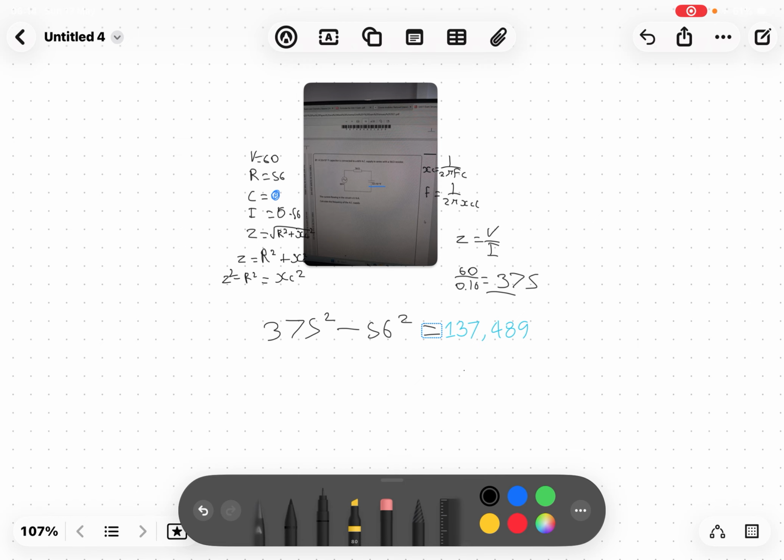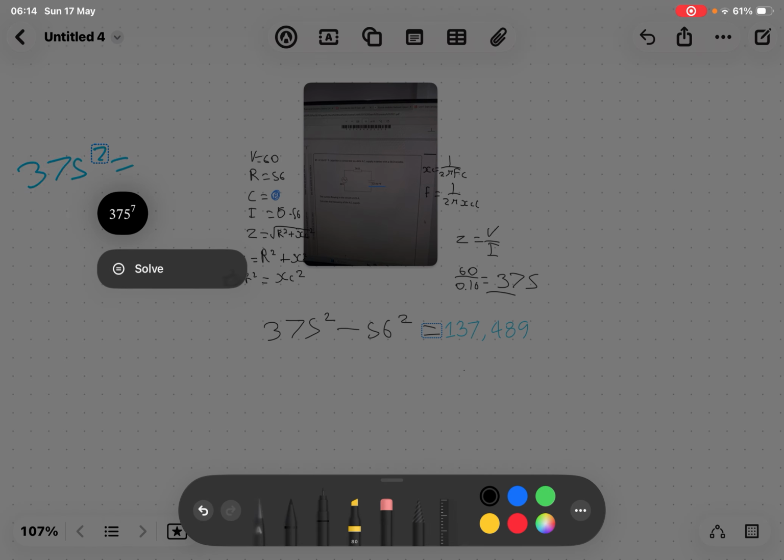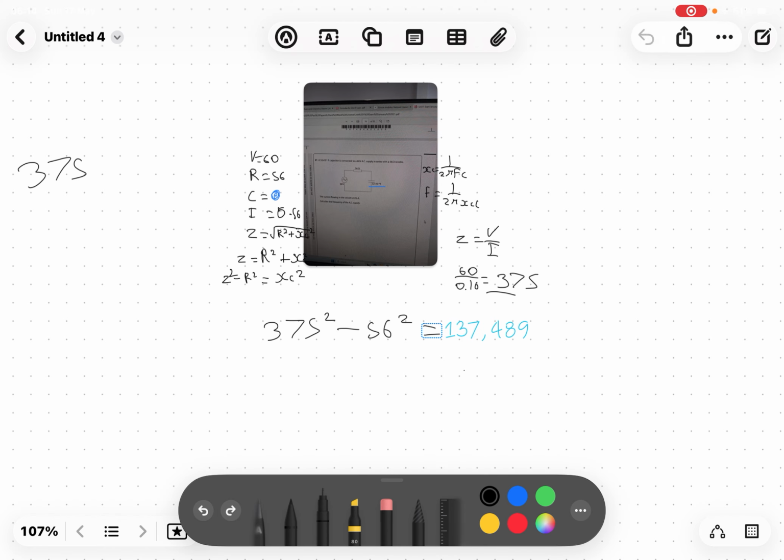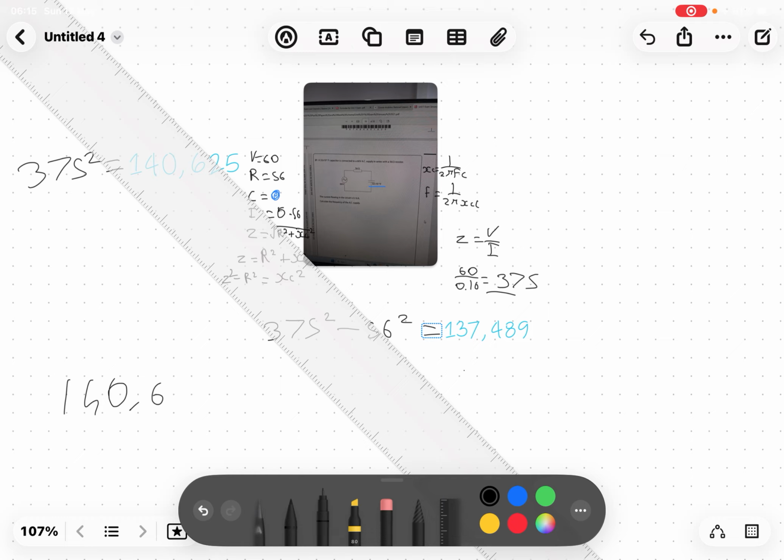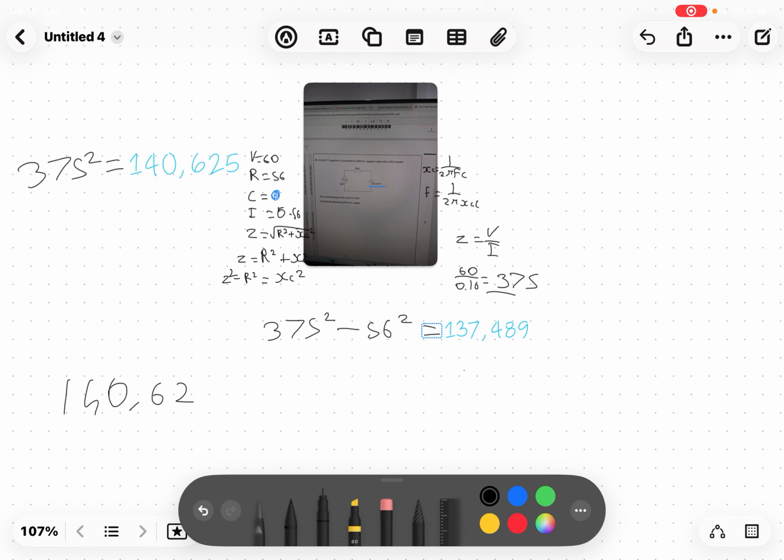So 375 squared equals, take away 56 squared, which is 3136, equals this, and then we square root this number.